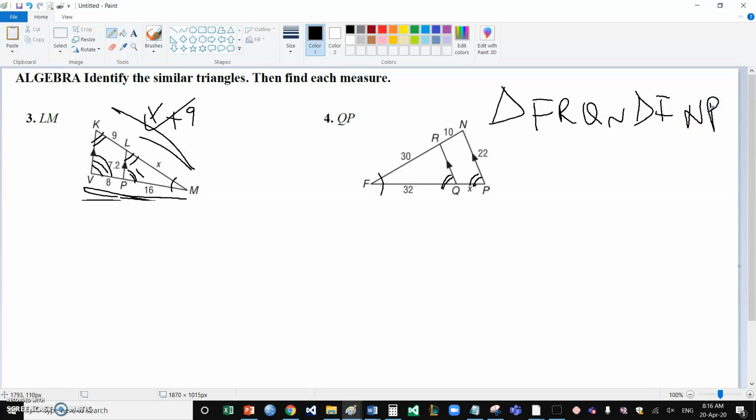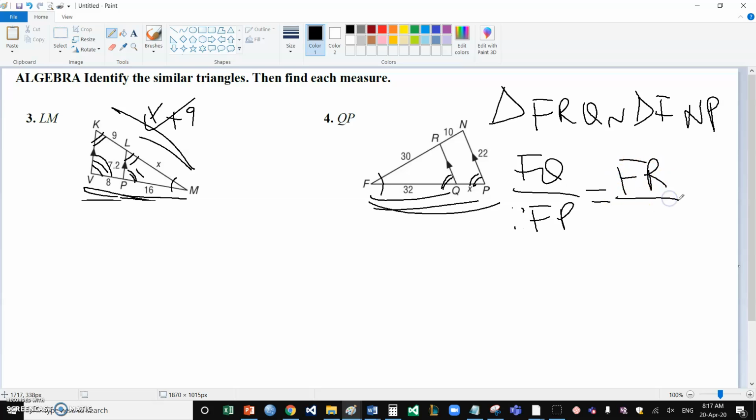So in the small triangle FQ over FP, equals FR in the small triangle over FN in the large triangle.